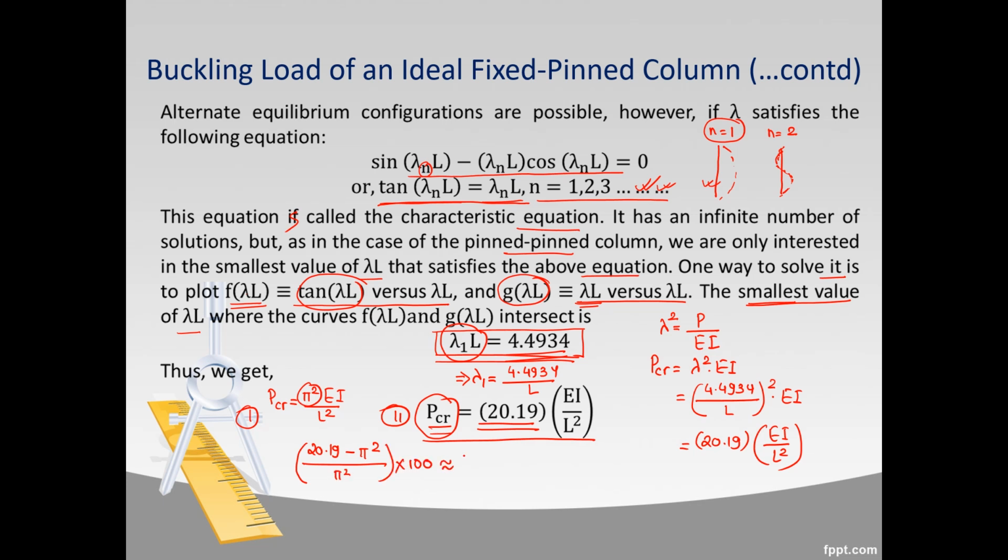This will nearly come out to be 105%. So you can say how much greater a load is required to buckle our fixed pinned column in contrast to our pinned column. So this is just for checking the different values of critical load. You do not need this right now. Just remember that this is the formula that we have derived for the fixed and pinned column.